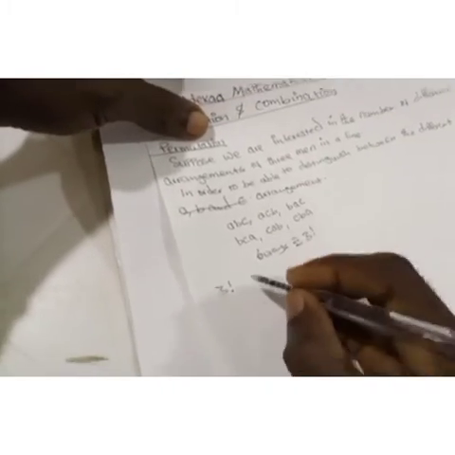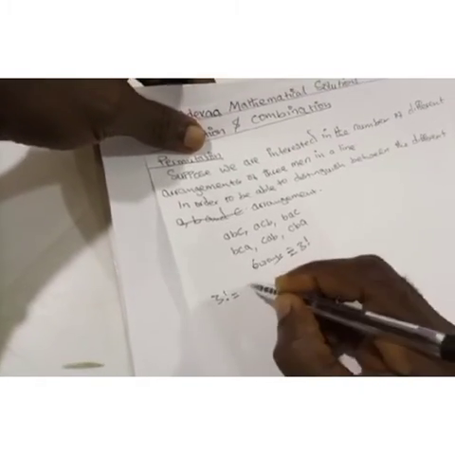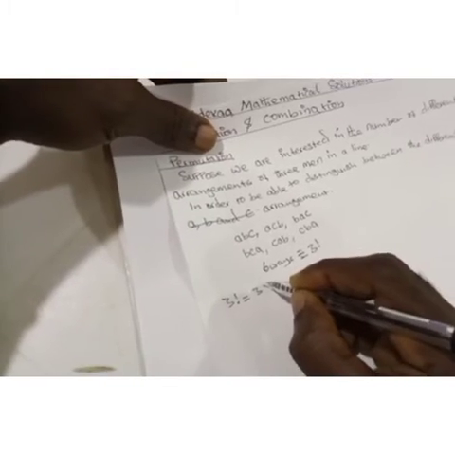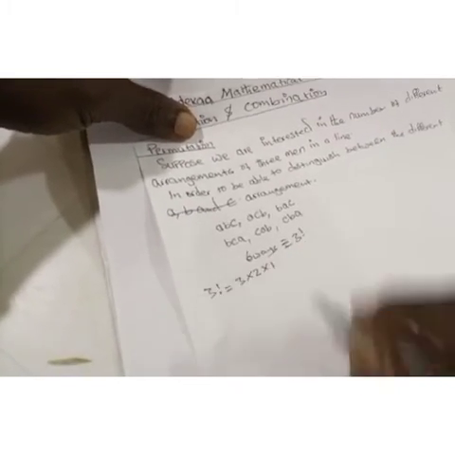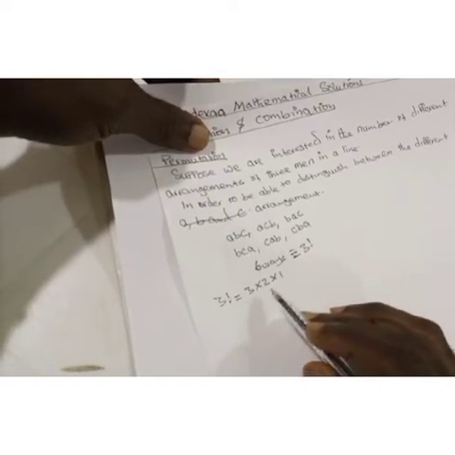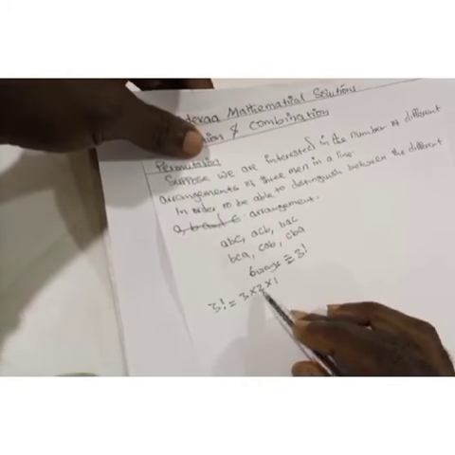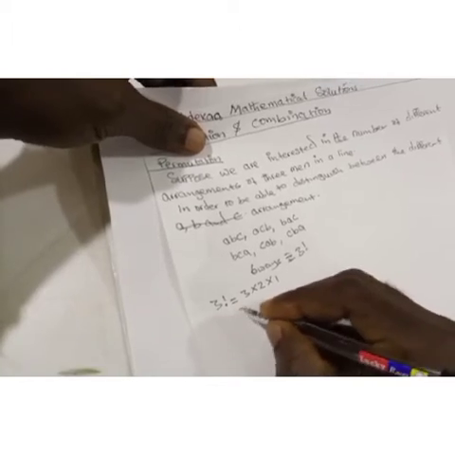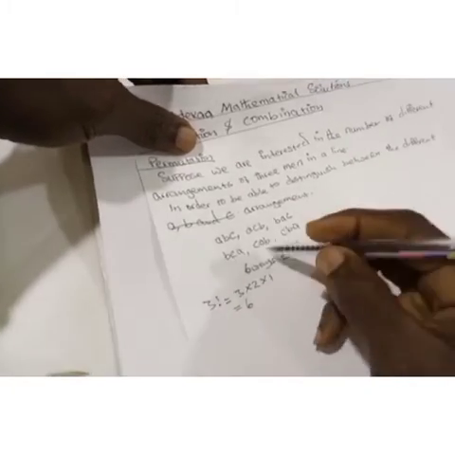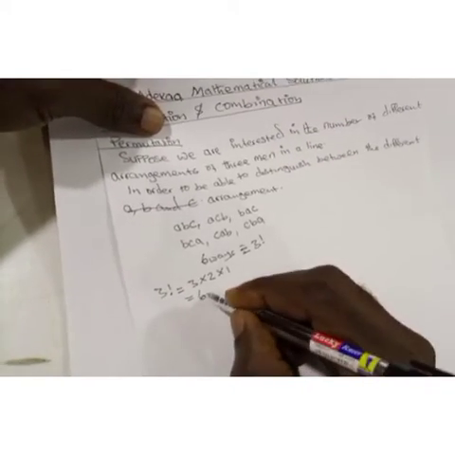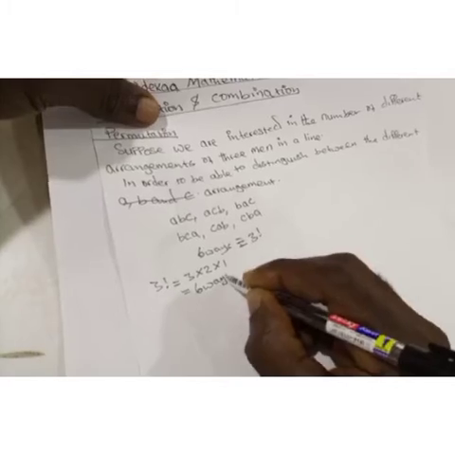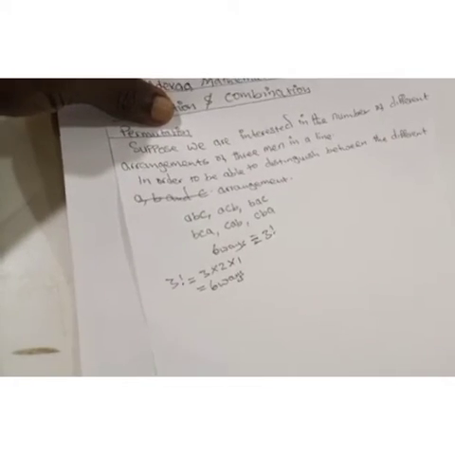So 3 factorial is equal to 3 times 2 times 1, which is equal to 6. That's why we have 6 ways. In the practical aspect, you see that we have 6 ways, and when you use this, you still discover that we have 6 ways.